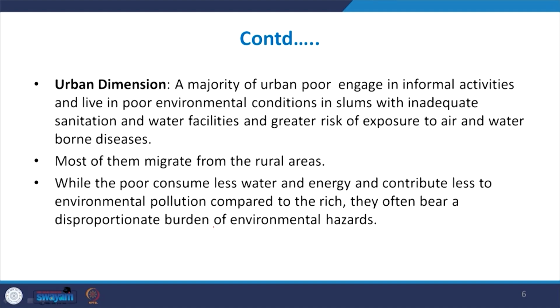There is an urban dimension of the relationship between environment and poverty. A majority of urban poor engage in informal activities, and they live in poor environmental conditions, in slums with inadequate sanitation and water facilities, and also have greater risk of exposure to air and waterborne disease.